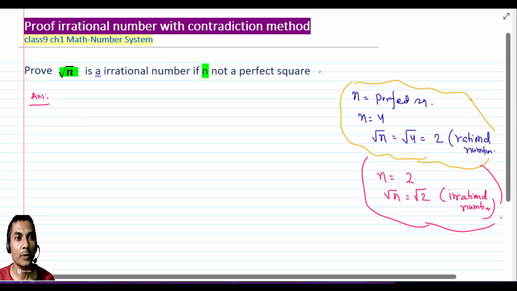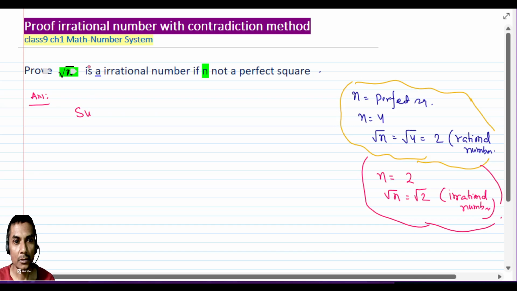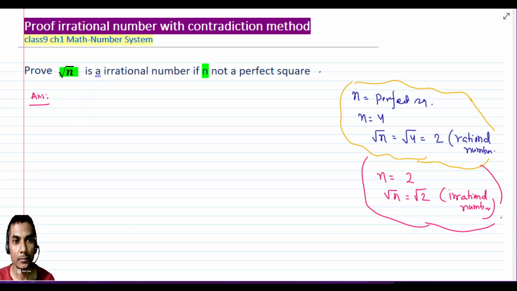So first we assume that, suppose root n is a rational number.